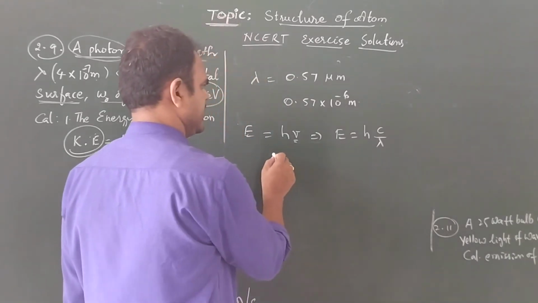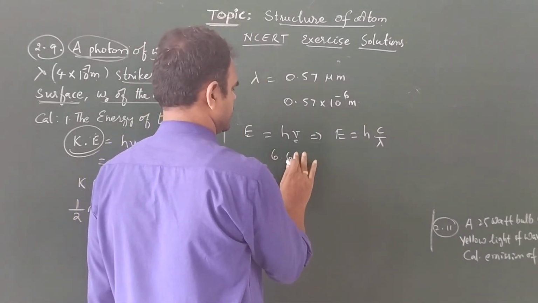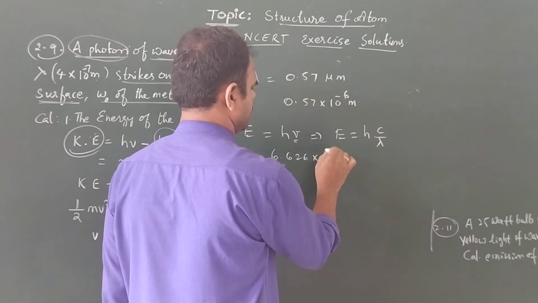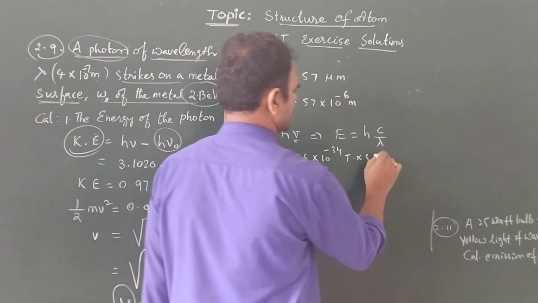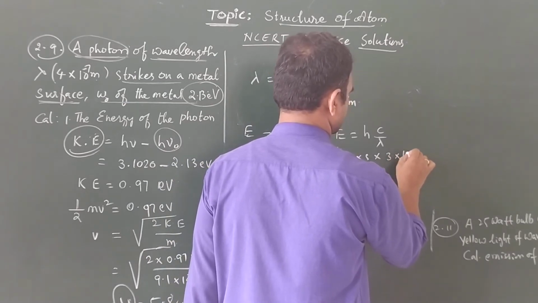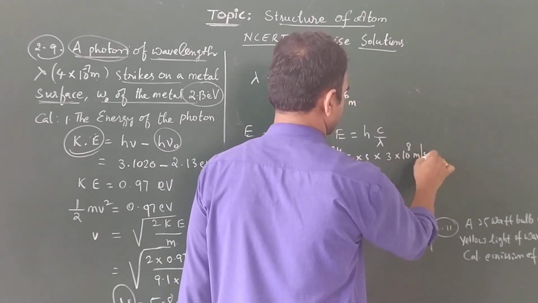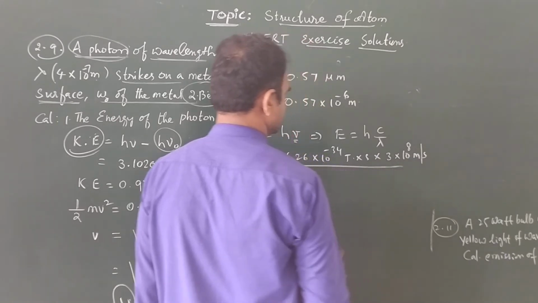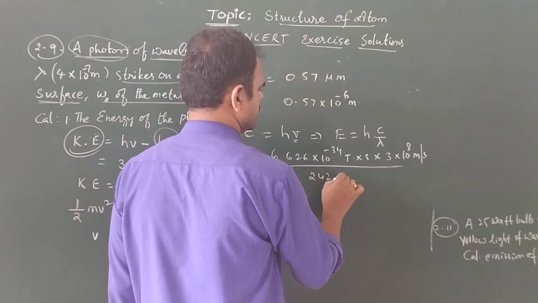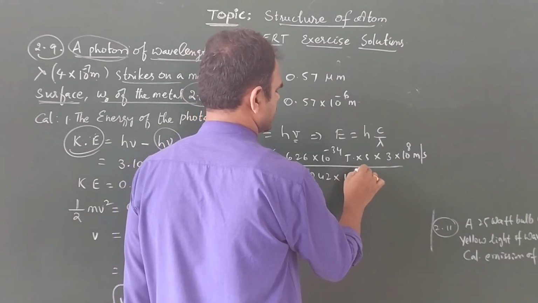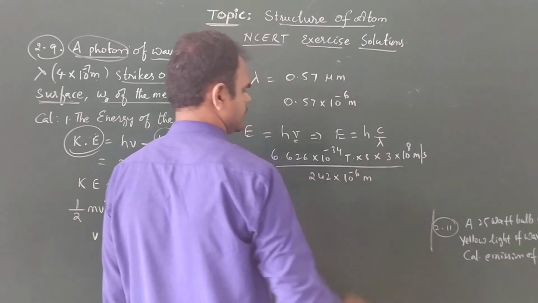Take 6.626 into 10 to the power of minus 34 joule second, into c, which is 3 into 10 to the power of 8 meters per second, upon lambda, which is 0.57 into 10 to the power of minus 6 meters.